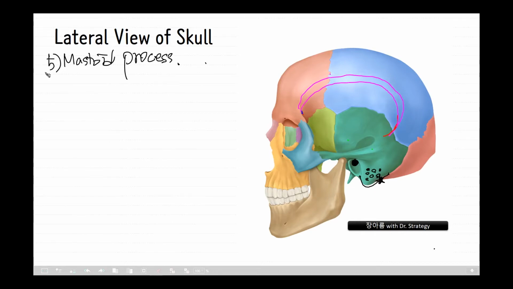I will write down the 4 muscles which attach to this process. First is the sternocleidomastoid muscle, very famous muscle of the lateral wall of the neck. And in the name, there is a mastoid in this muscle.